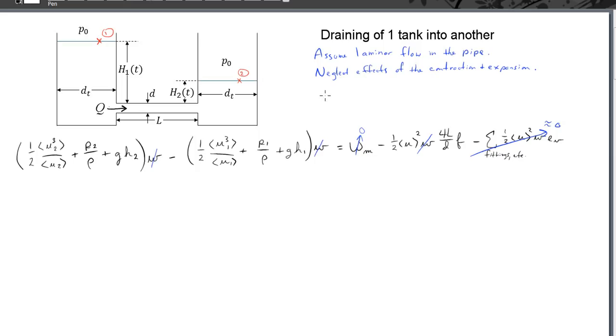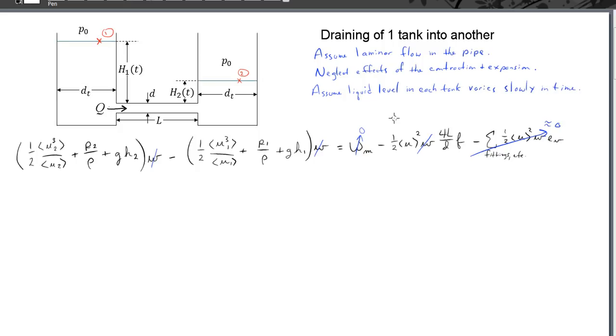Moreover, we're going to assume that the liquid level in each tank changes very slowly in time.